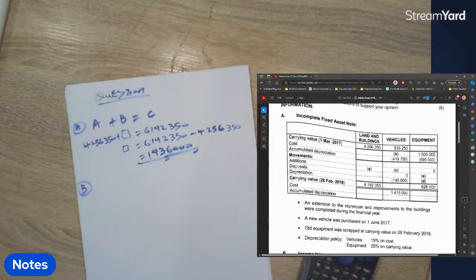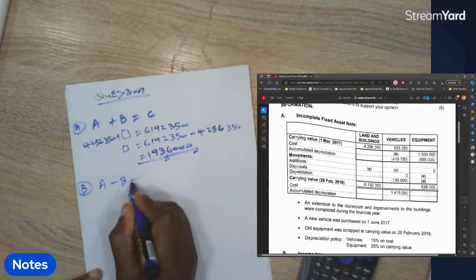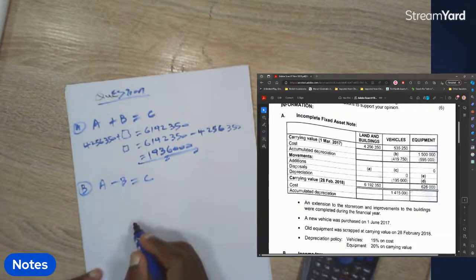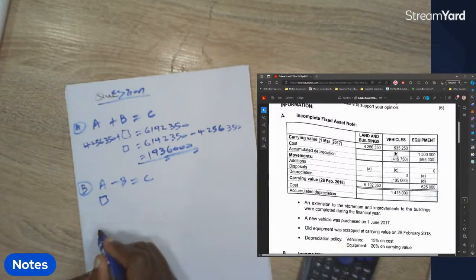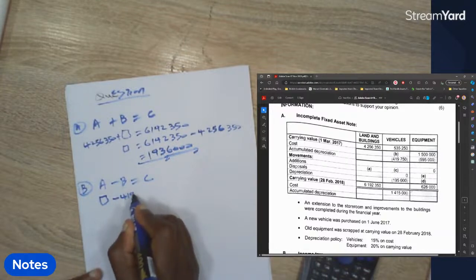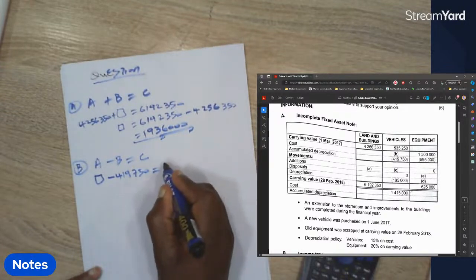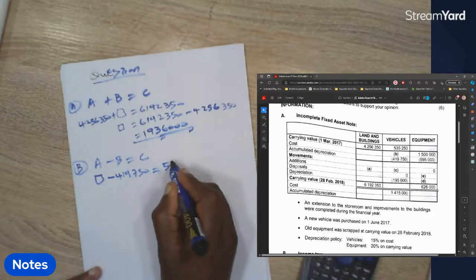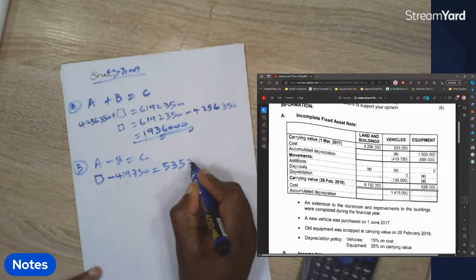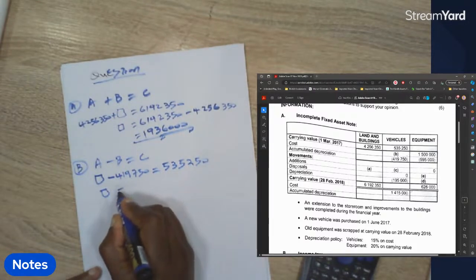Remember, to get it we again use method A plus B equal to C, but this time around it's A minus B equal to C. To get A we don't have it, it's the one we want. B we have, our B is 419,750. C we have 535,250. Right? So we transpose now.